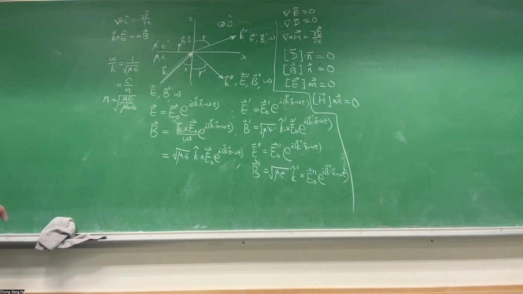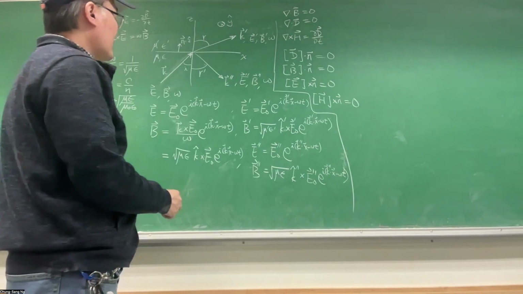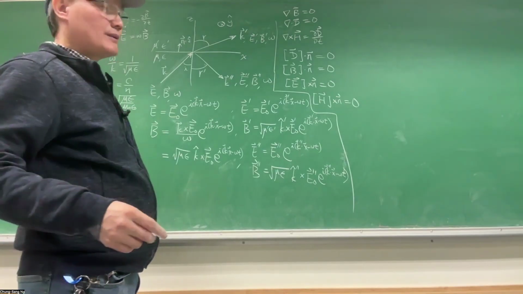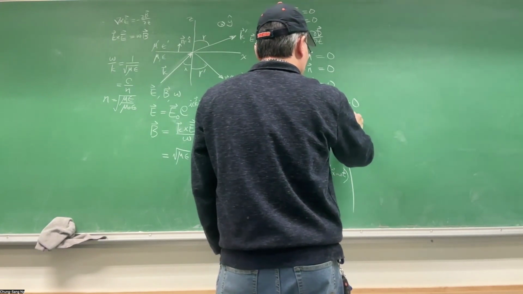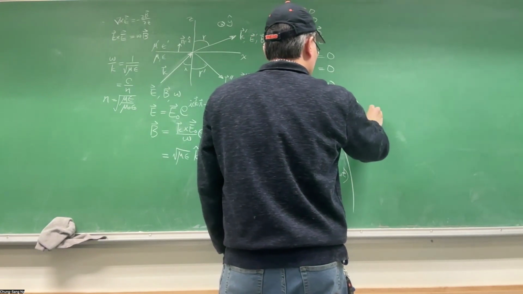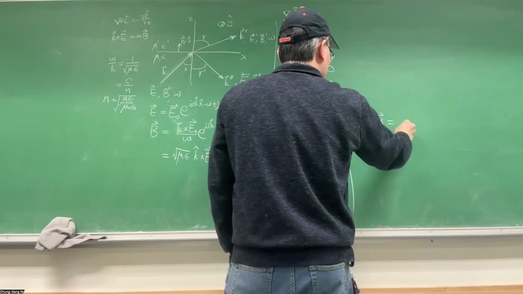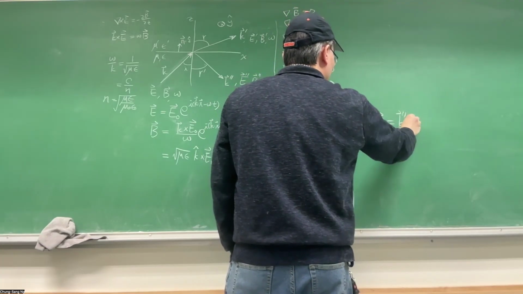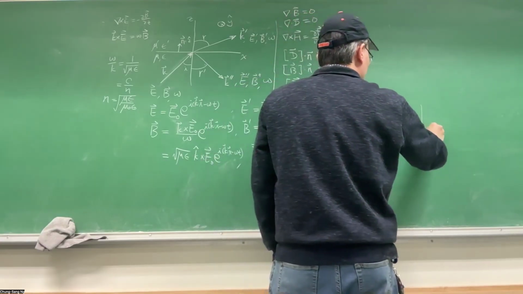Then in order to match the boundary condition, the first requirement is that all the phases should be the same. So we require k dot x equals k prime dot x equals k double prime dot x. That is at the 0, 0.